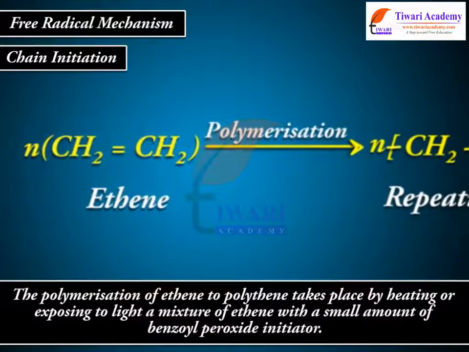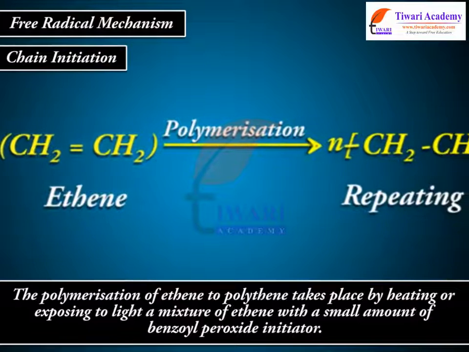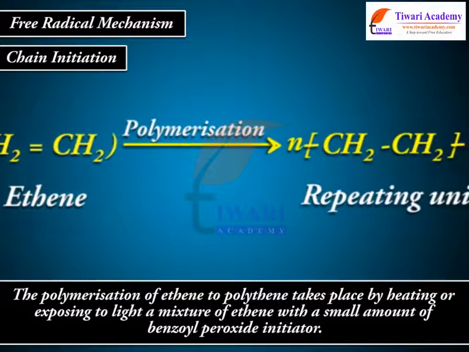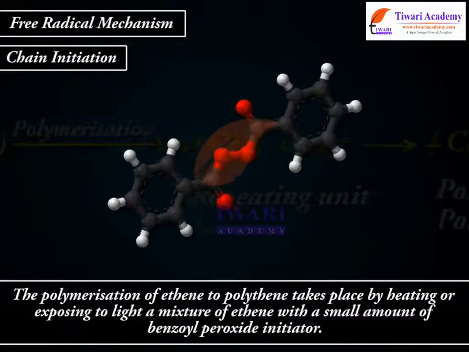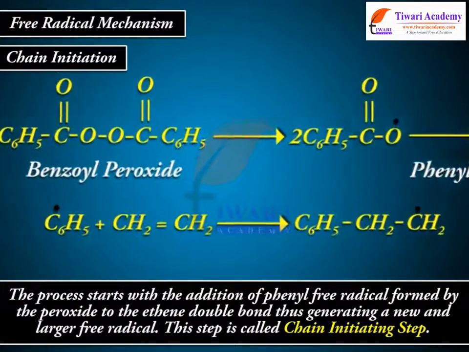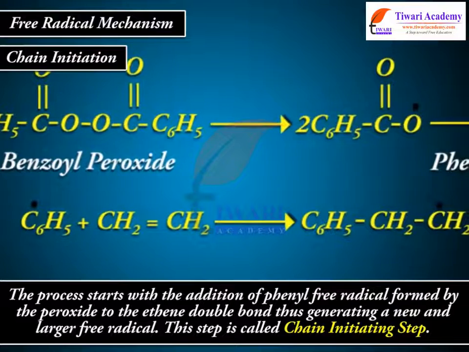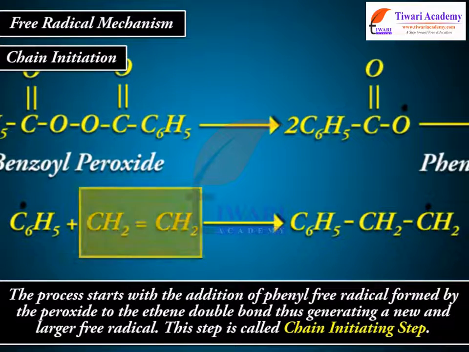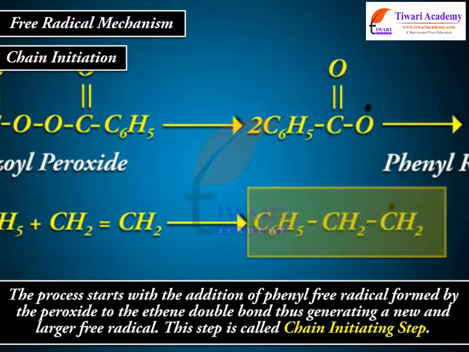The polymerization of ethene to polythene takes place by heating or exposing to light a mixture of ethene with a small amount of benzoyl peroxide initiator. The process starts with the addition of phenyl free radical formed by the peroxide to the ethene double bond, thus generating a new and larger free radical.